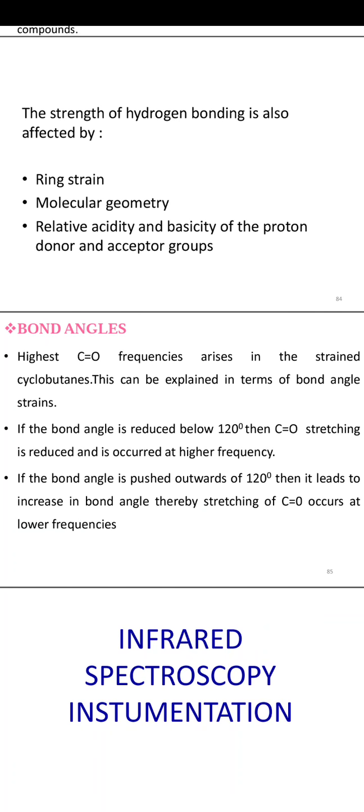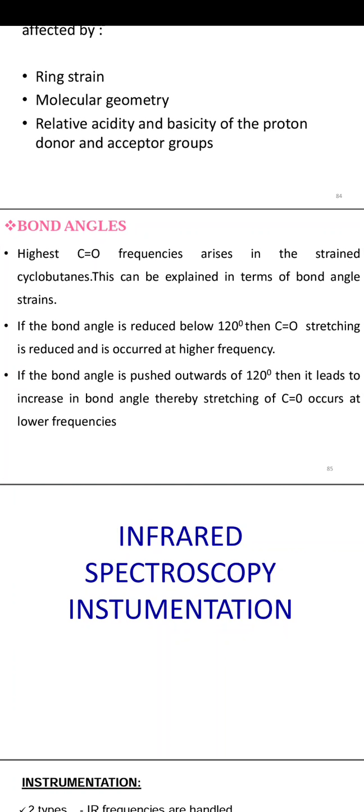Now bond angles. The C=O frequency normally rises due to strain, as in cyclobutanones, which is explained by bond angle strain.